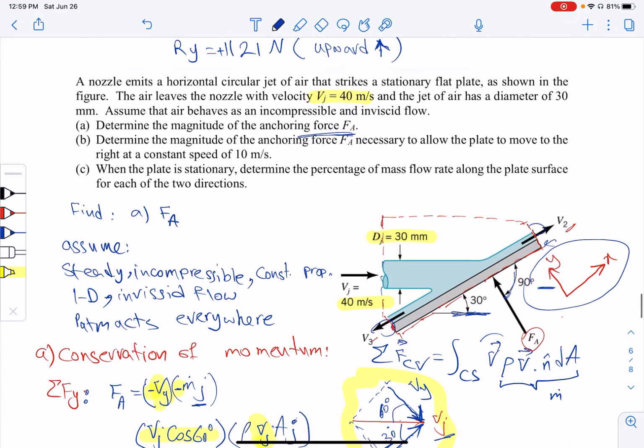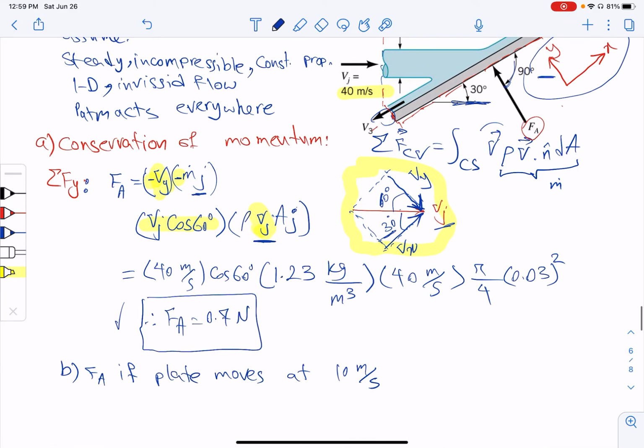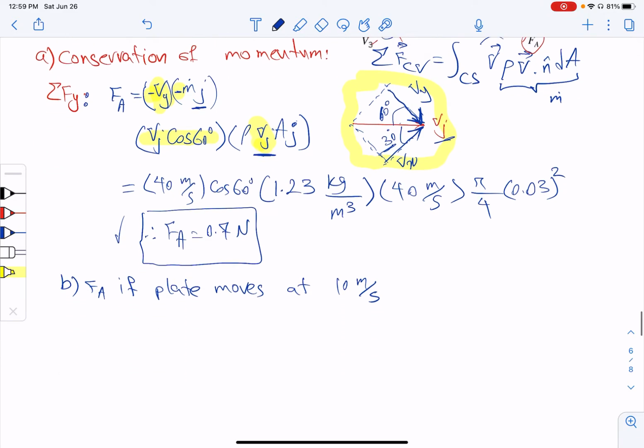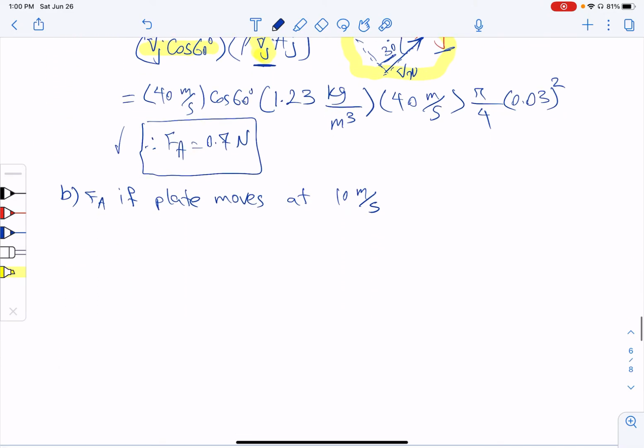So it means that I need to consider the relative velocity to the control volume, right? So now if I consider the velocity of control volume as 10 meter per second, then V is going to be Vj, which is 40 meter per second, right? And this is what we have for the relative velocity, V minus VCV.